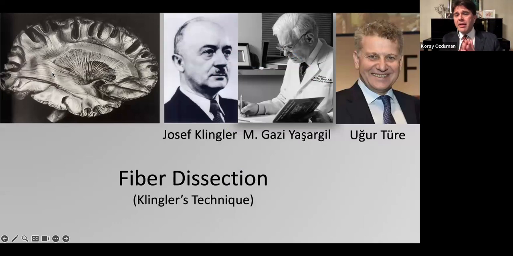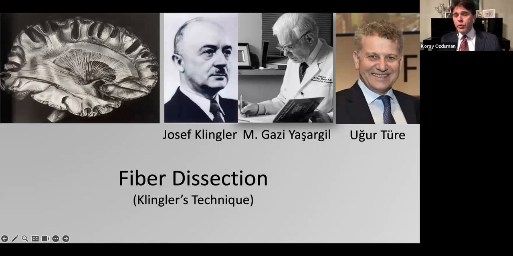We know this very, very well today because we see it every day in our surgical publications. This came with the help of these three people. Joseph Klingler came out with the fiber dissection technique.